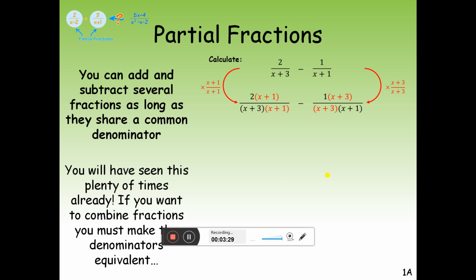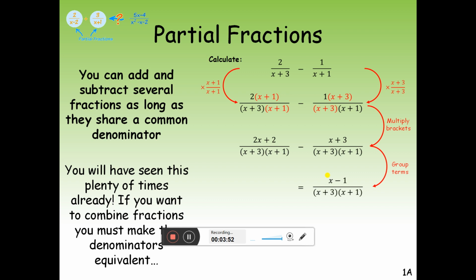So now it can be easily added. Denominator will be x plus 3 and x plus 1, and numerator will be 2 into x plus 1 minus x plus 3. When we multiply 2 inside the bracket, we get 2x plus 2. Then we have 2x minus x, because in the middle there is a minus sign.